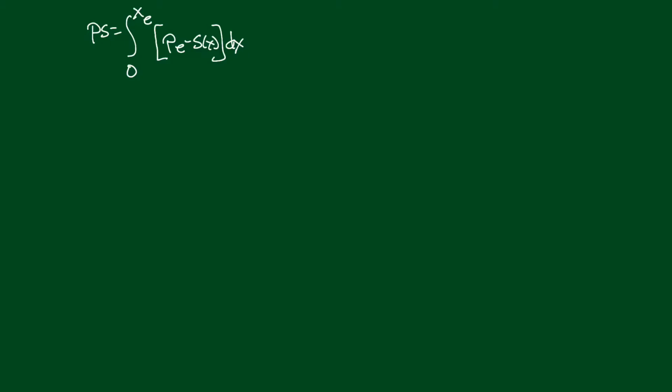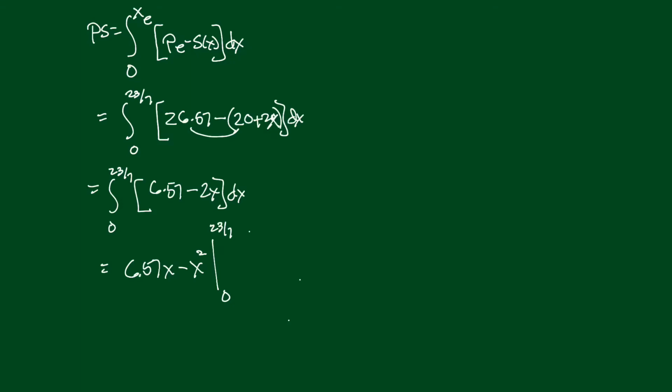Here's our integral. For our particular case, we're going to go from 0 to x sub e, and x sub e was 23 over 7. We're going to integrate the equilibrium price minus the supply function. Let's put in the upper limit.